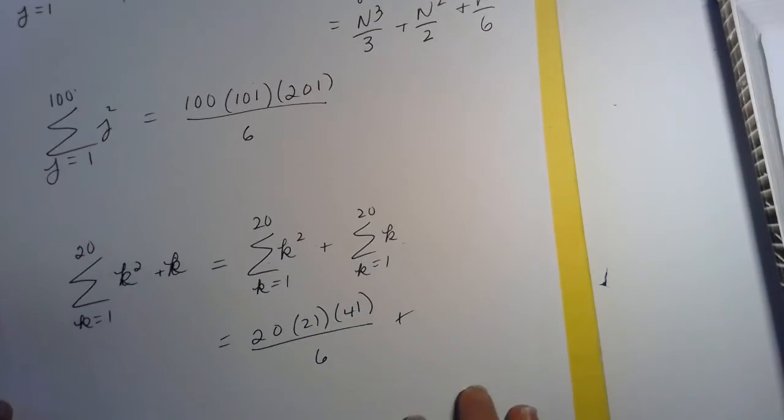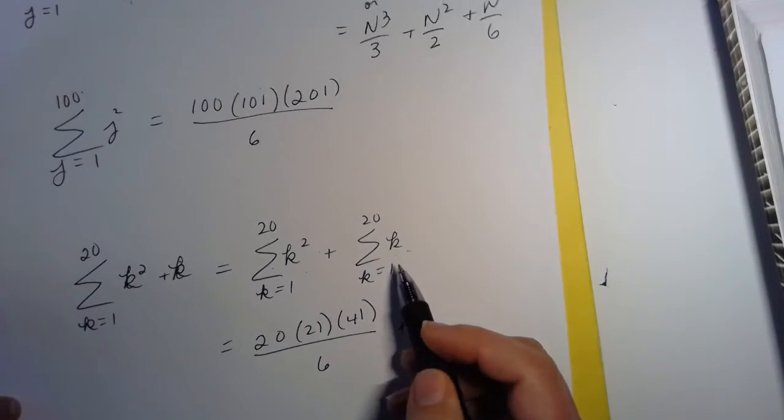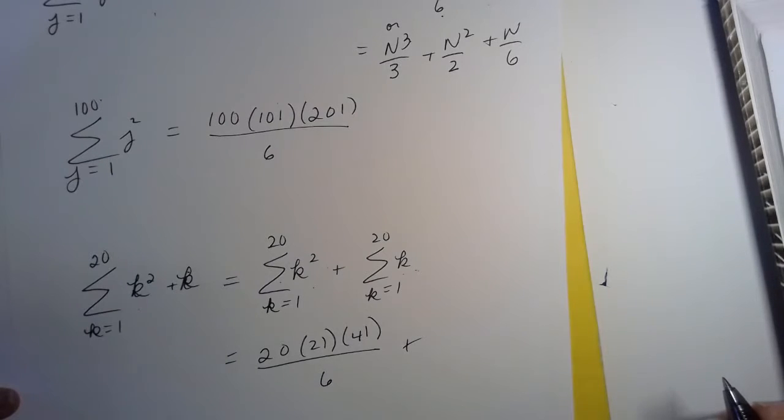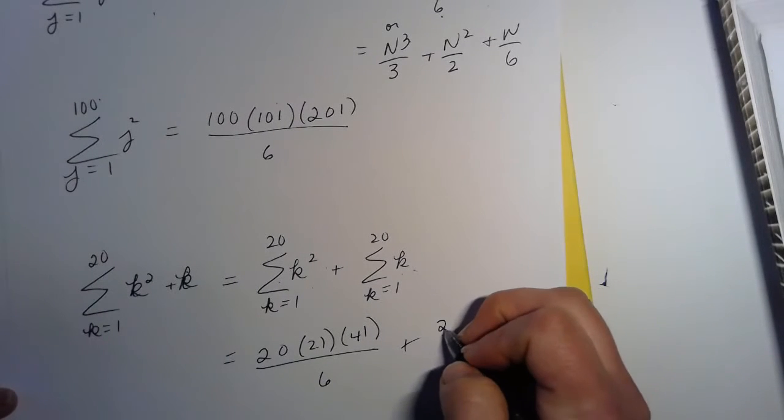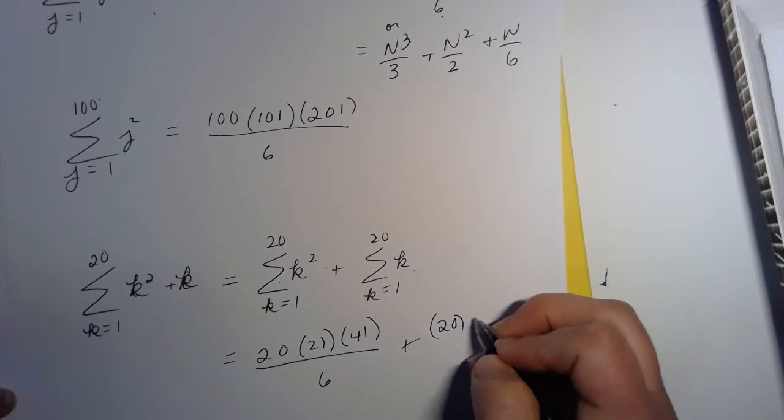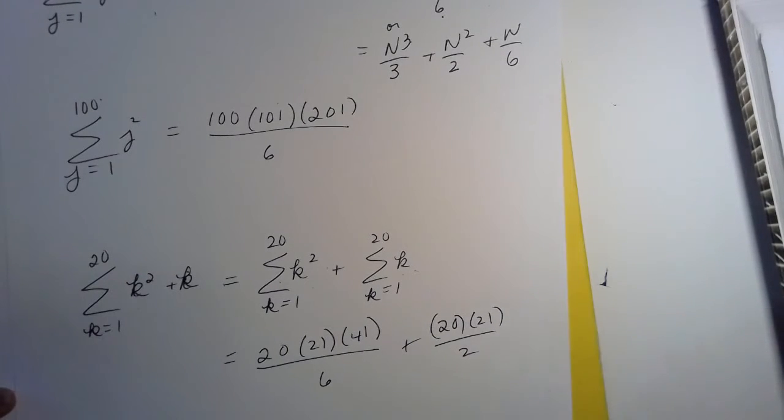And then my second formula for k is the n times n plus 1 over 2 formula. So that would be 20 times 21 over 2.